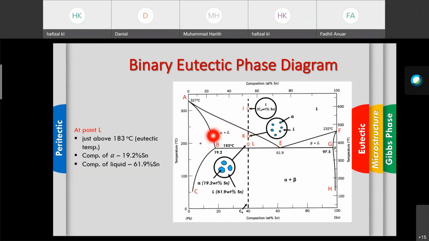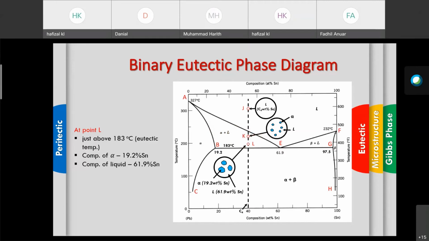But in this case we don't have any value, so maybe we can just make an approximate value here, maybe less than 19.2. In this area maybe 18 or 17 for the alpha, and maybe at this area for the liquid, maybe 40, 45 or something like that. So at point K and point L also we can determine the composition.